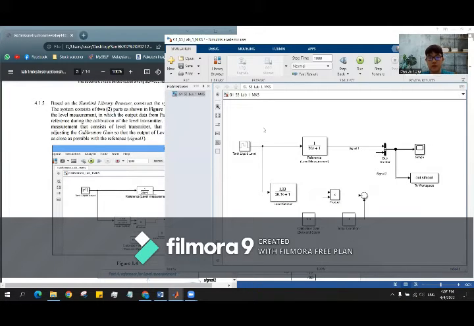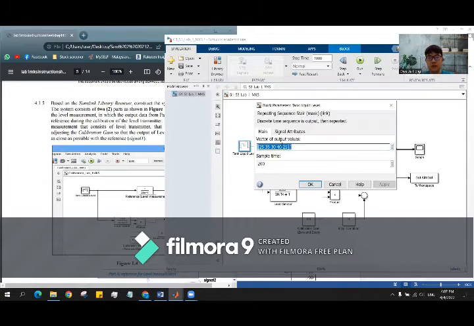The components for this system: we are using the repeating sequence, which represents the tank liquid level, where we can set the level of the tank by setting the vector of output values as we want, and the sample time as we desire.